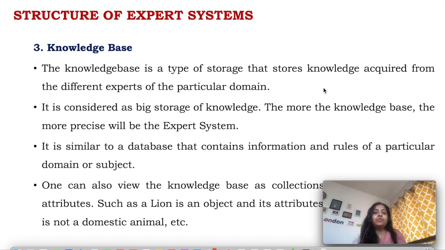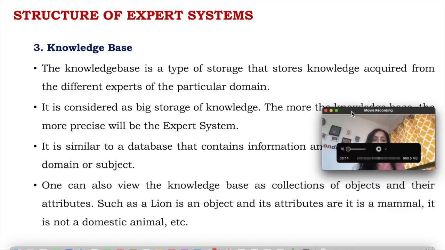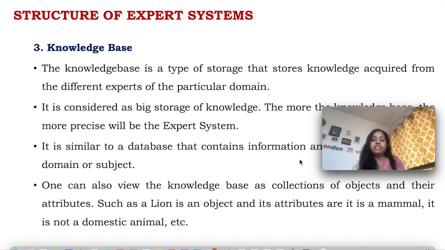It is similar to a database that contains information and rules of a particular domain or subject. One can also view the knowledge base as a collection of objects and their attributes, such as a lion is an object and its attributes are that it is a mammal, it is a non-domestic animal, etc.